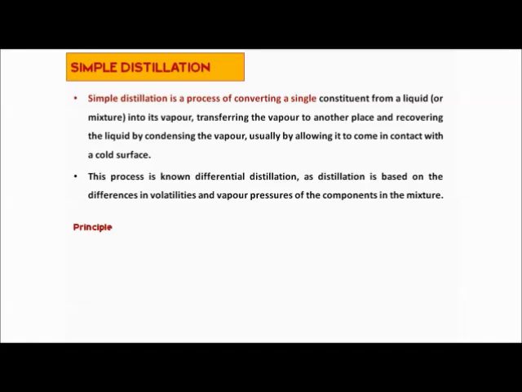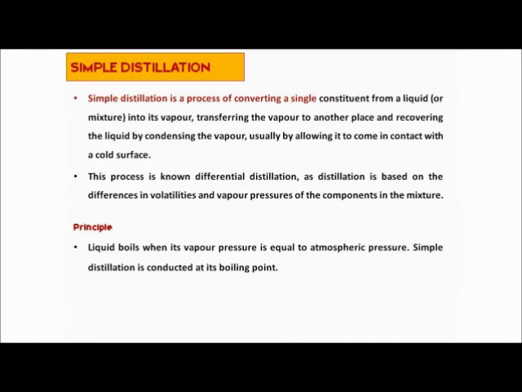The principle of simple distillation is very simple: a liquid boils when its vapor pressure becomes equal to the atmospheric pressure. It's a very simple concept. Any liquid will boil when its vapor pressure becomes equal to that of the atmospheric pressure.